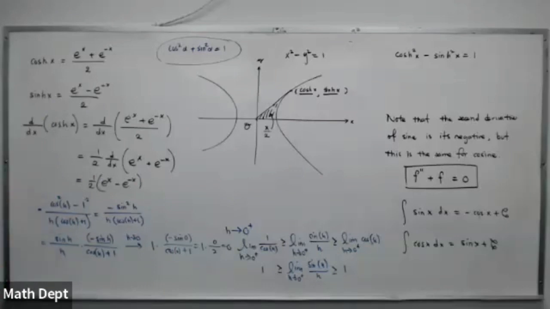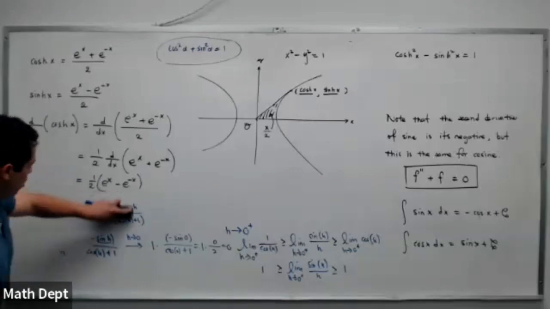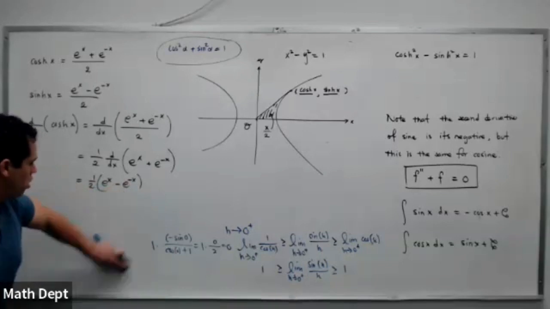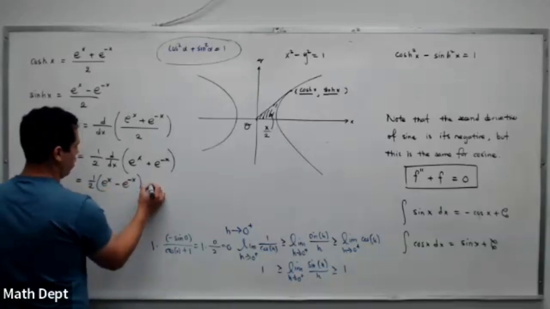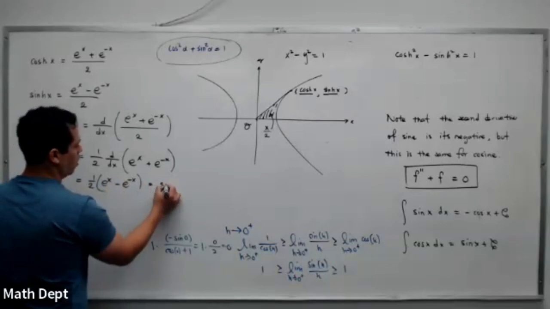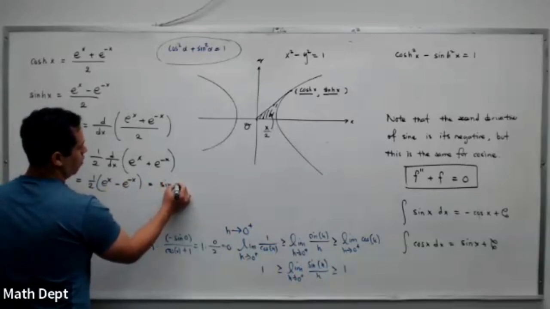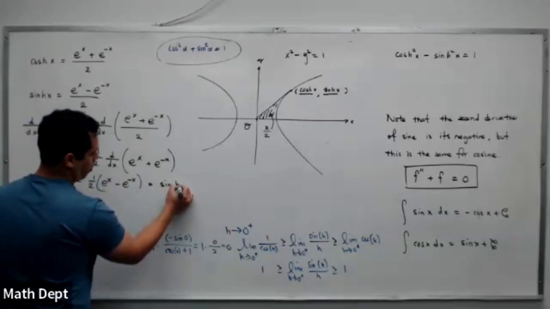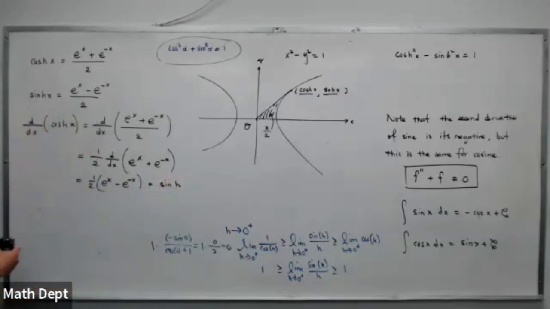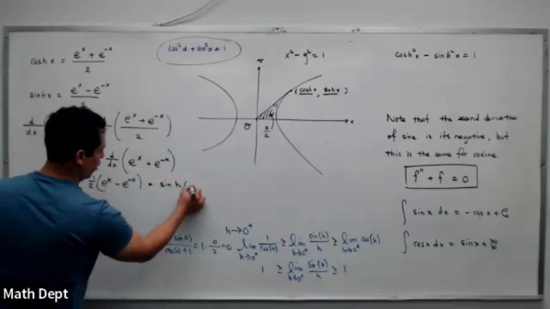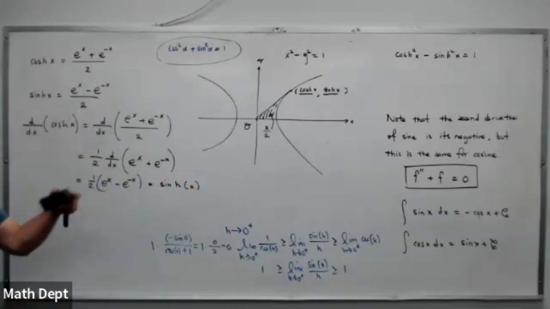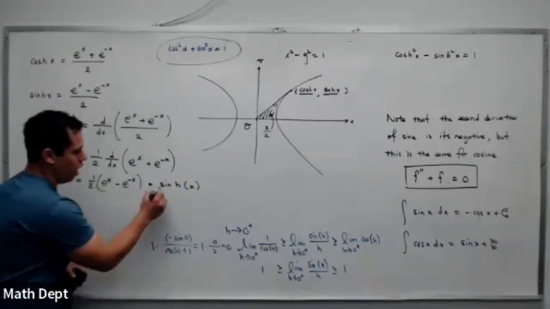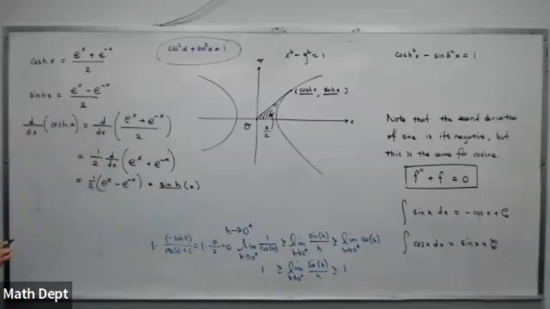What if I take another derivative? Not to be confused with the sine of h. This is a different hyperbolic sine. So if I take the derivative of hyperbolic sine, what do I get?